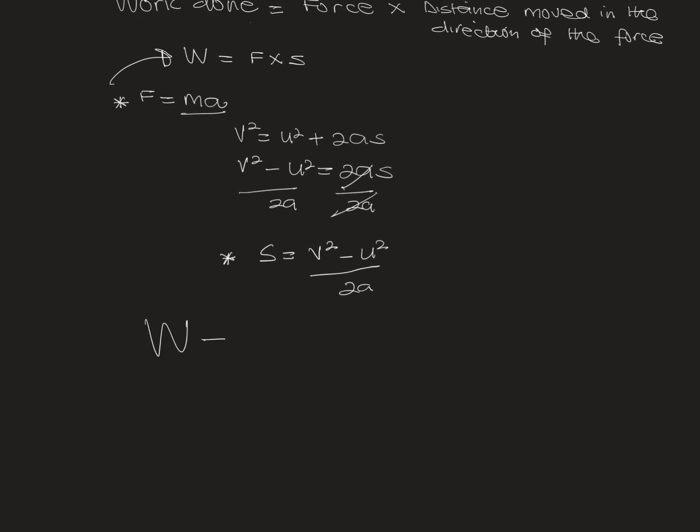So if work is equal to F times S, then work is equal to what is F? Mass times acceleration, multiplied by what is S. S is v squared minus u squared divided by 2a.